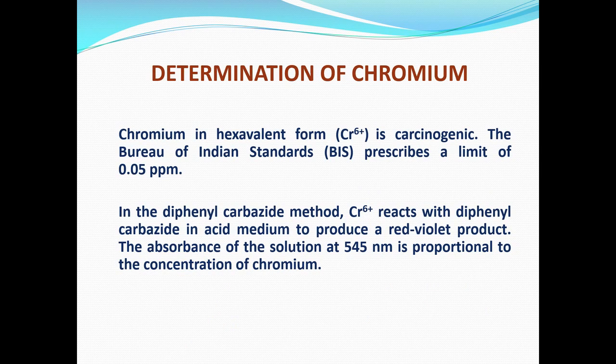Now, the next element on my list is chromium. Again I would like to tell you that chromium is a very celebrated element as far as toxicity is concerned. We know that chromium is industrially a very important element, very widely distributed in nature.